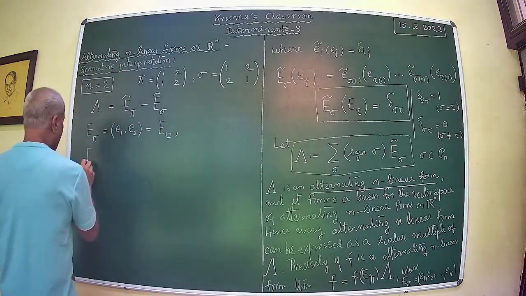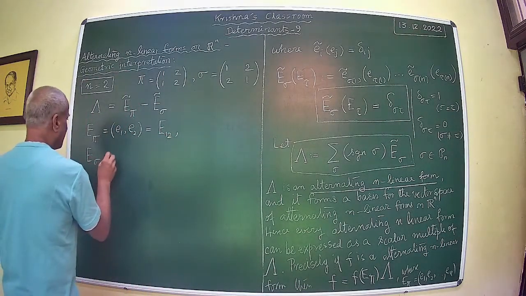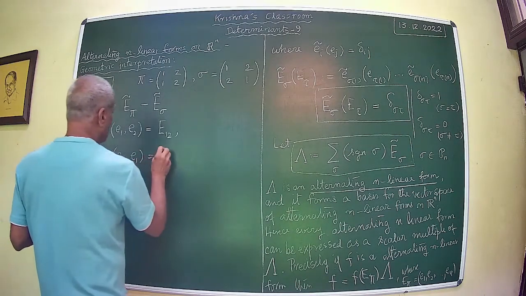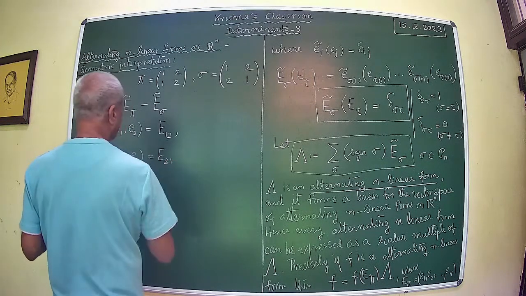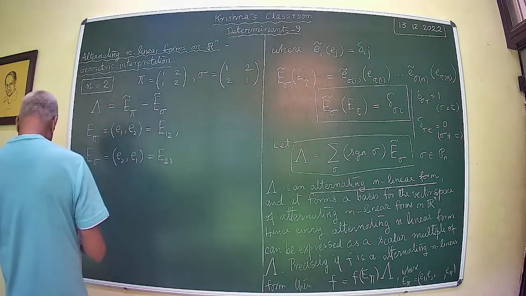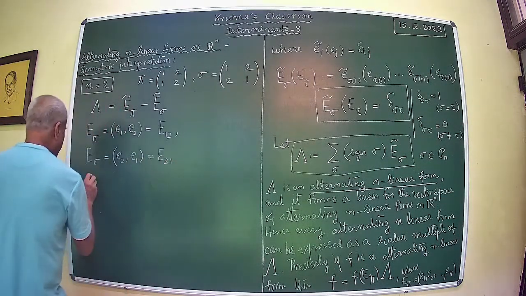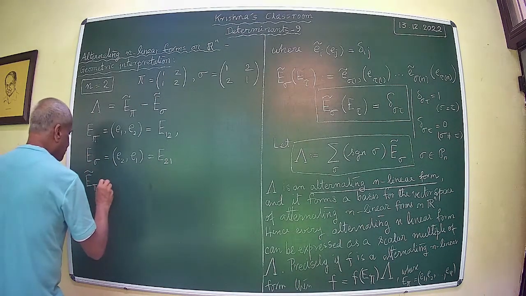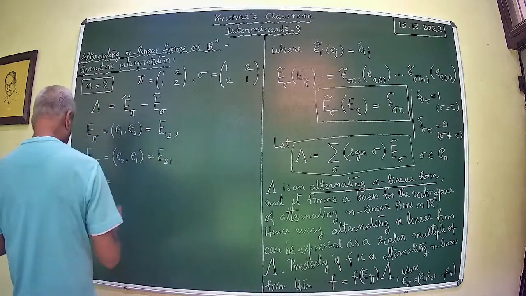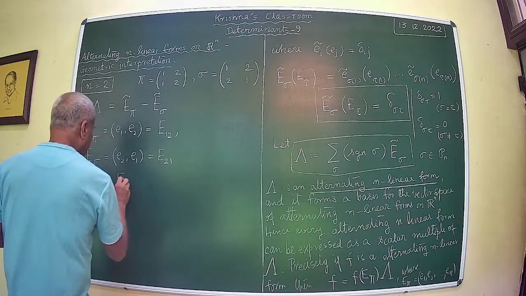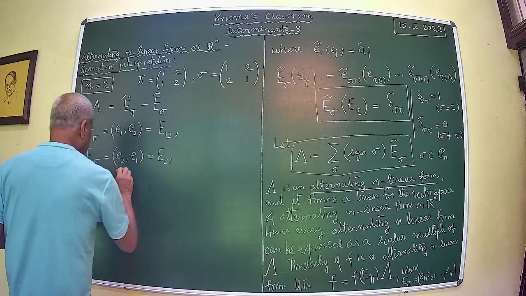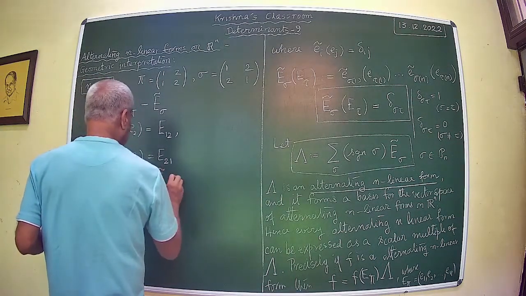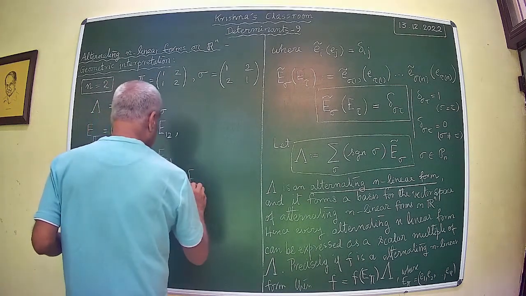Similarly, E sigma is equal to E2, E1, which you write as E21. And therefore, we write E pi tilde as E12 tilde. E sigma tilde you write as E21 tilde.